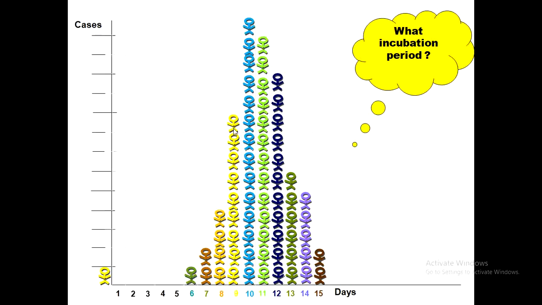We can calculate the incubation period while assessing the epidemic curve. As you can see, this is the time of exposure, and from the time of exposure to the maximum number of cases reported, we can calculate the median incubation period, in which 50% of the cases have presented in the community.